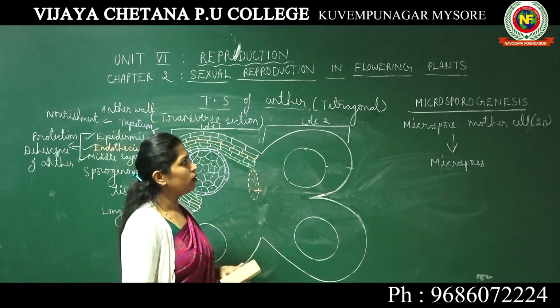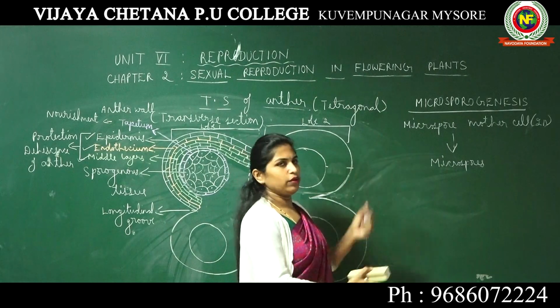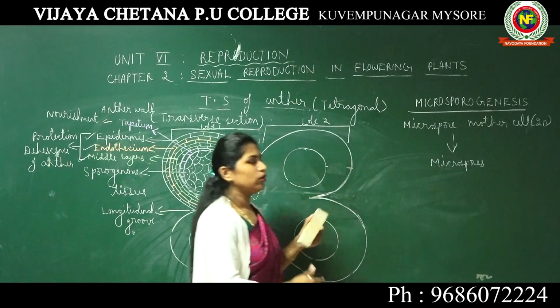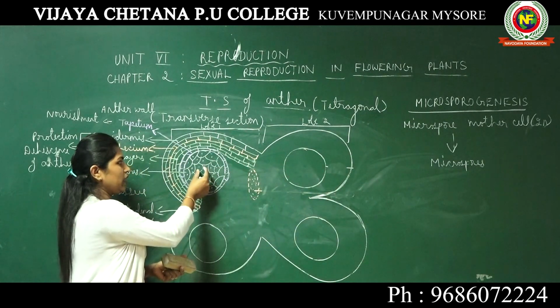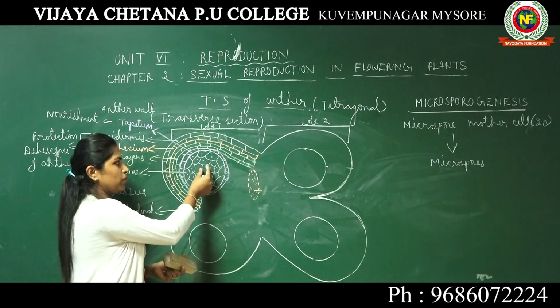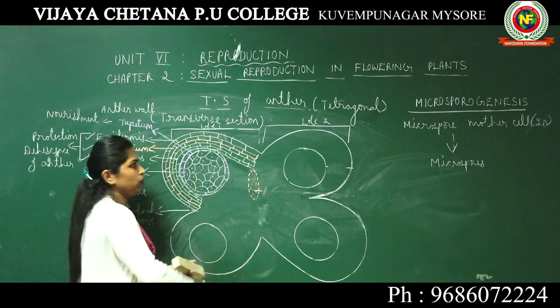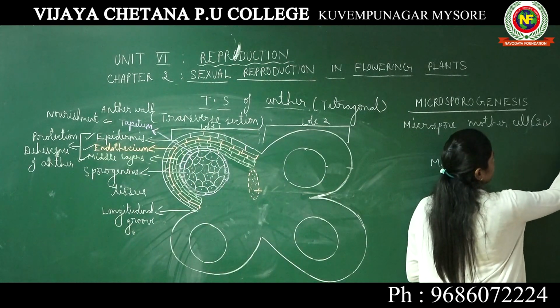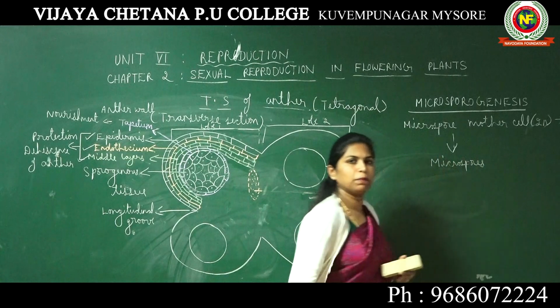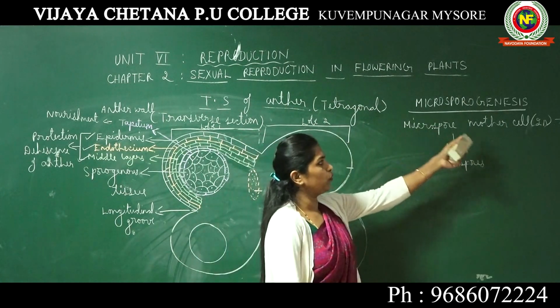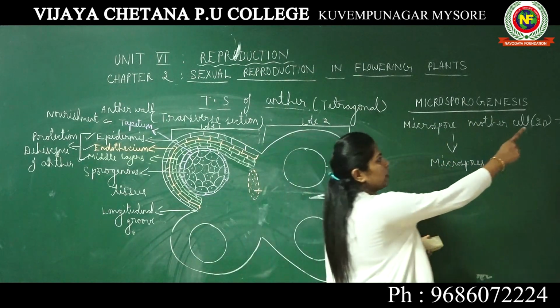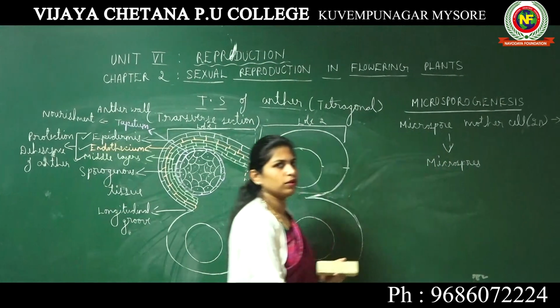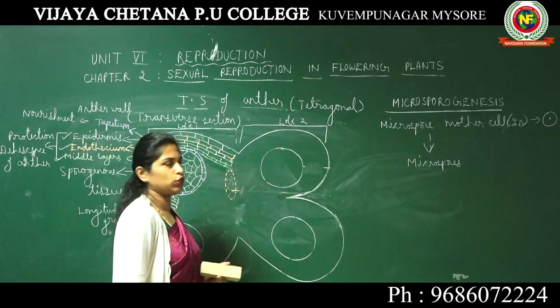Now, how will they produce microspores? What I will do here is, I will take a single cell from this sporogenous tissue. This can be represented as a microspore mother cell, taken from this sporogenous tissue.